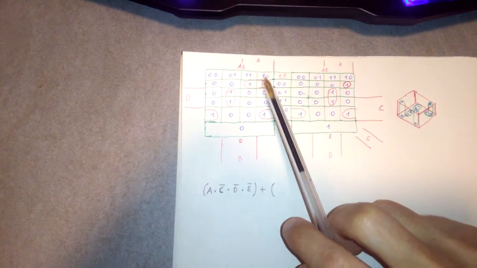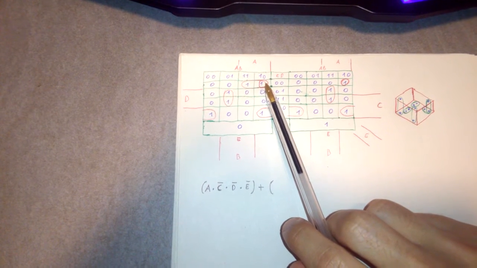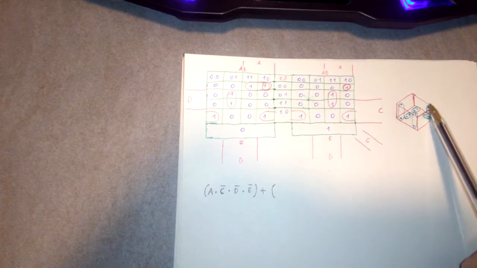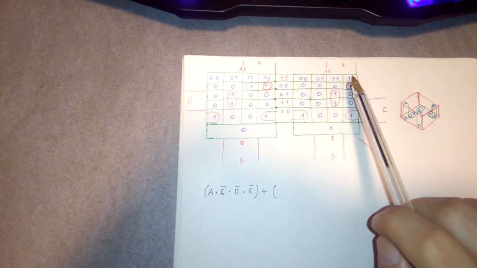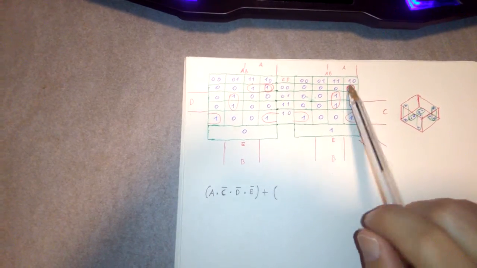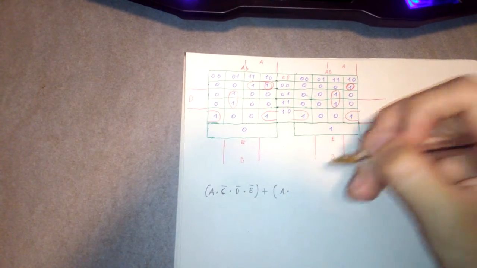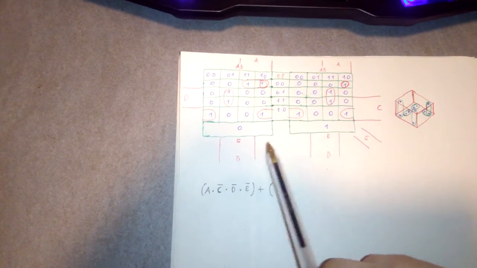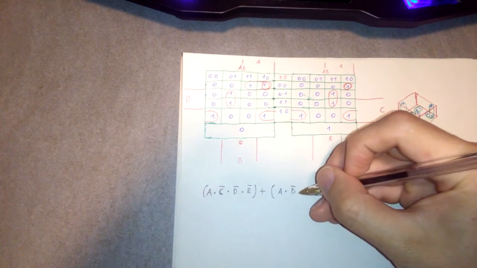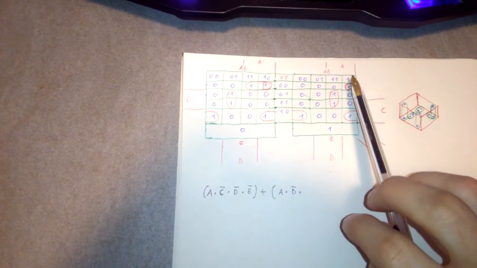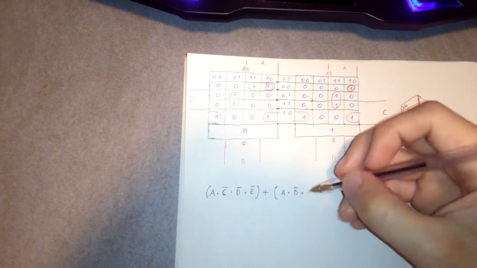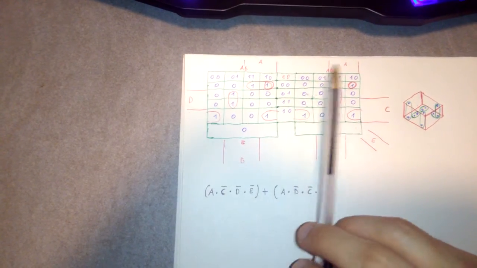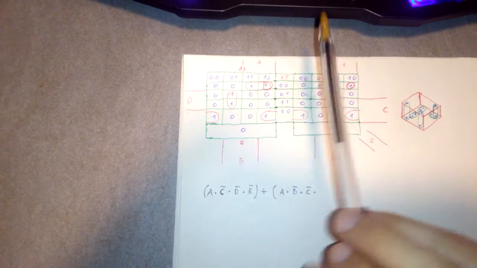Now, let's go with this one. So this one on the bottom and this one on the top, which are those two, top and bottom. Now they both fall inside A, so we can have A times, they are both outside of B, so we're going to have B naught times, they're both outside of C, so we're going to have C naught times, and they're both outside of D, so we're going to have D naught.